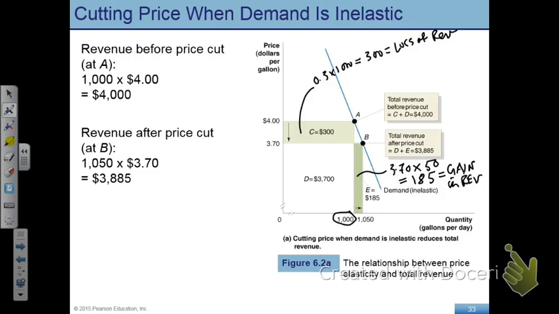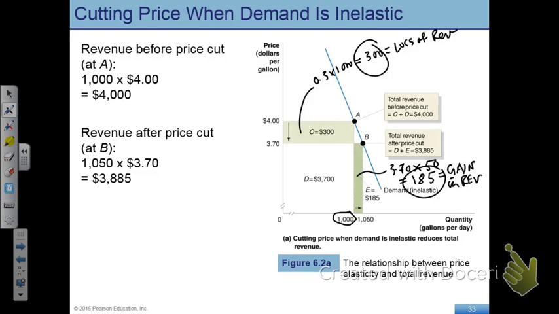So by cutting price from $4 to $3.70, our firm loses $300 and gains $185 in revenue. Does our firm really gain at the end? It should be clear, if you just compare these two numbers, that by cutting price, our firm loses more, $300, than it gains. Our firm gains 185, loses 300.